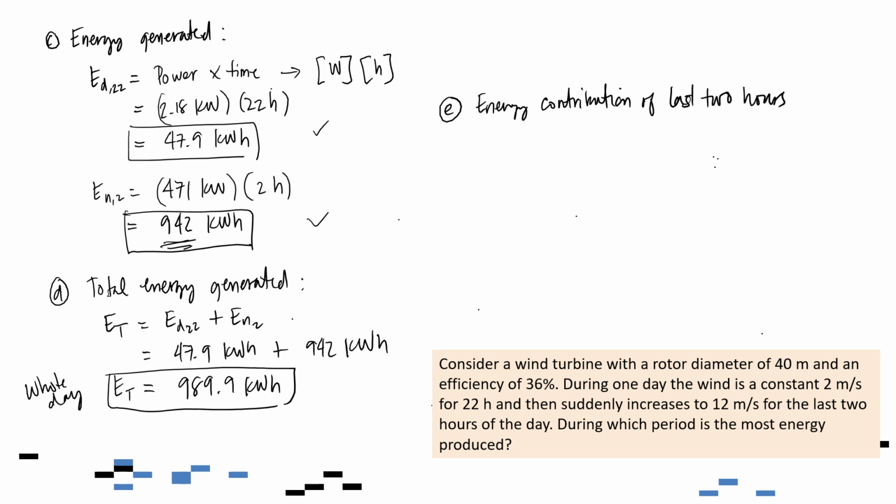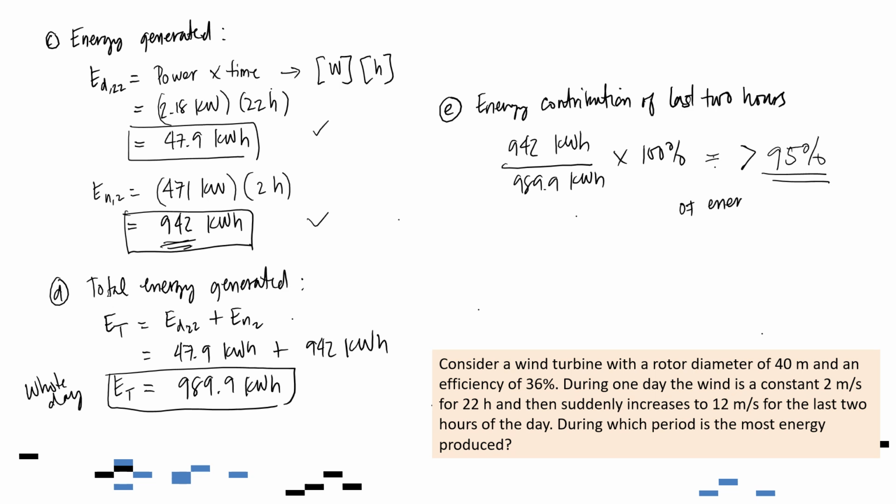For the whole thing, it's 942 kilowatt hour over 989.9 kilowatt hour times 100%, which is equal to over 95% of energy generated during the short period, which is around 2 hours, right? With the highest velocity.